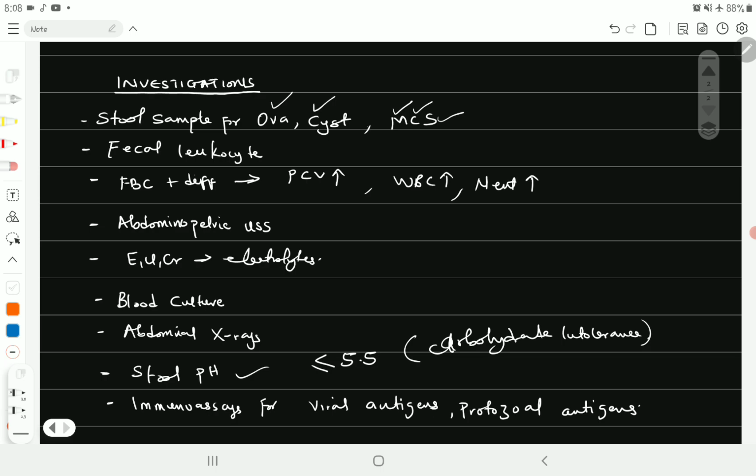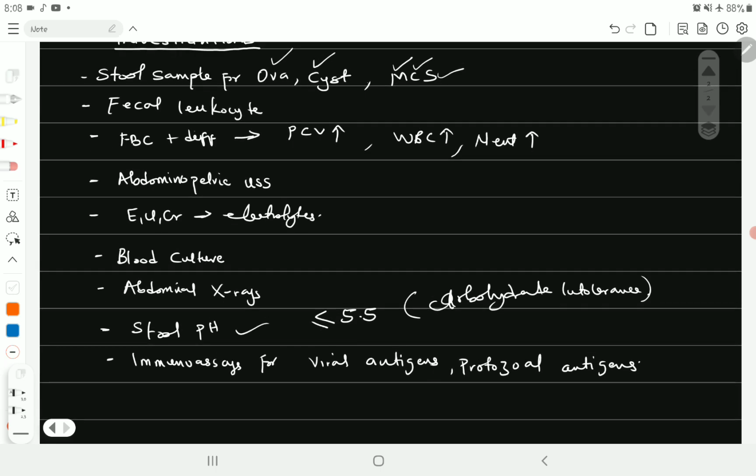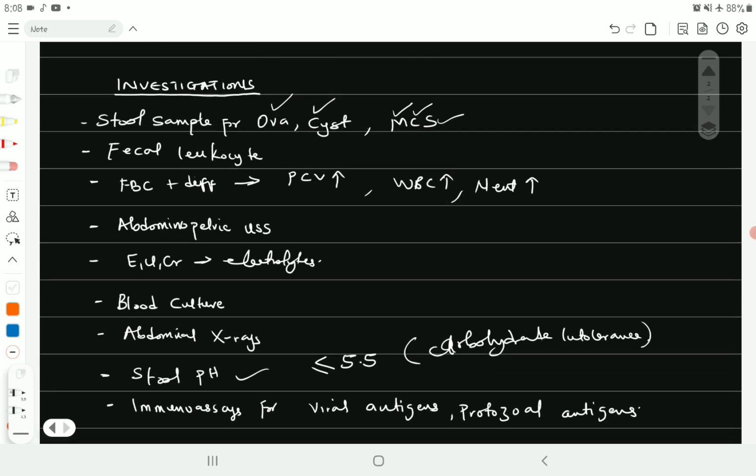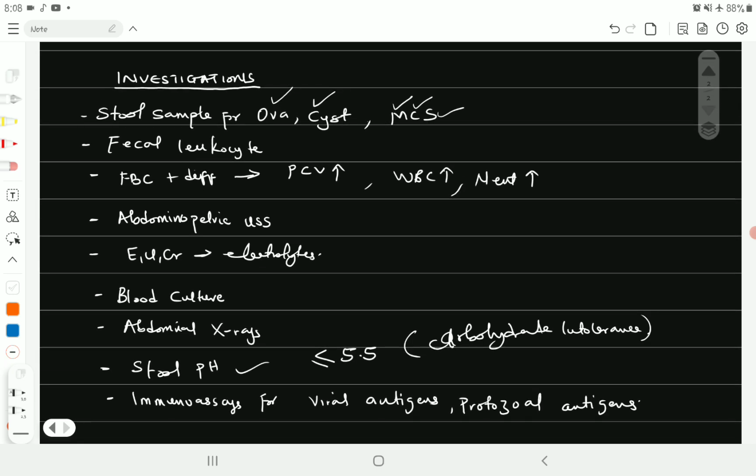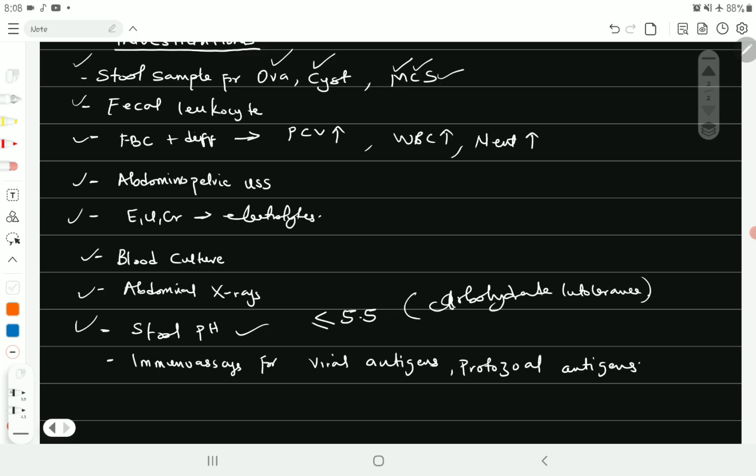Also blood culture. Then in some cases you can do immunoassay for viral antigen and for protozoal antigens. At least you must mention the first ones before you think of talking of immunoassay.